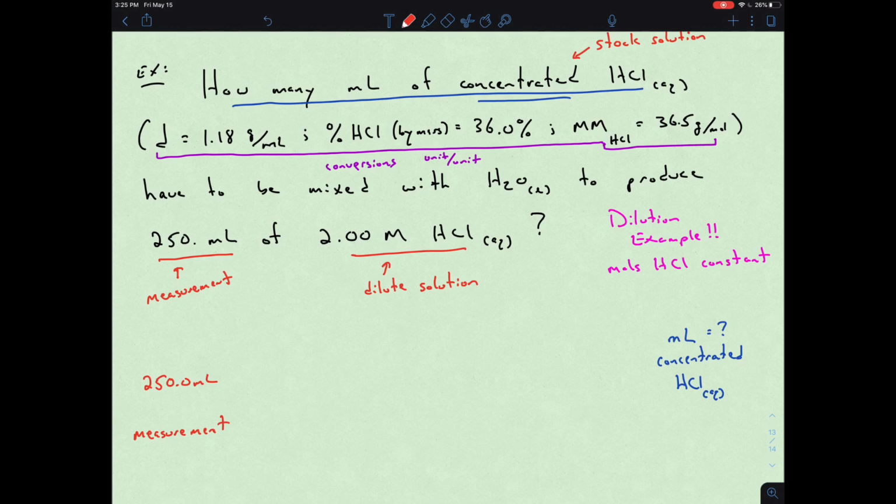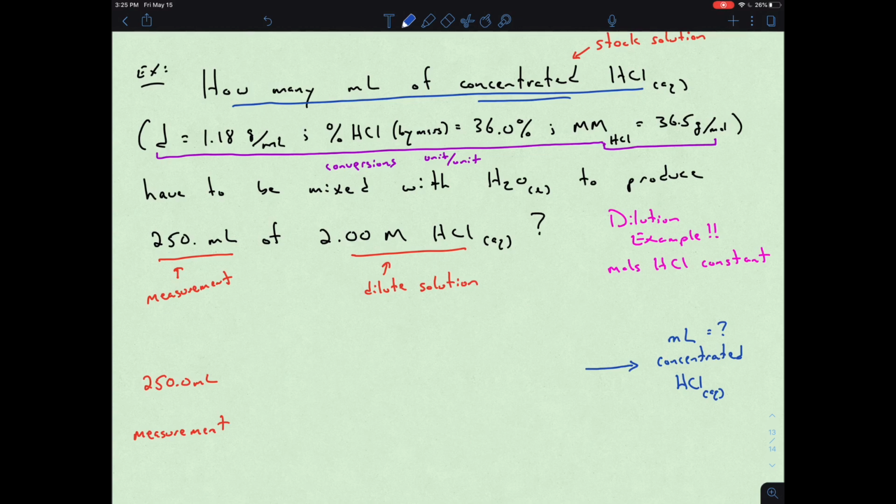And we're trying to figure out this concentrated HCl, but often it's nice to look at it in a retrosynthetic way. Meaning, what unit would I want the concentrated HCl to be in order to finally convert into milliliters of HCl? And if we look above, that conversion that carries this milliliter value is really the density, right?